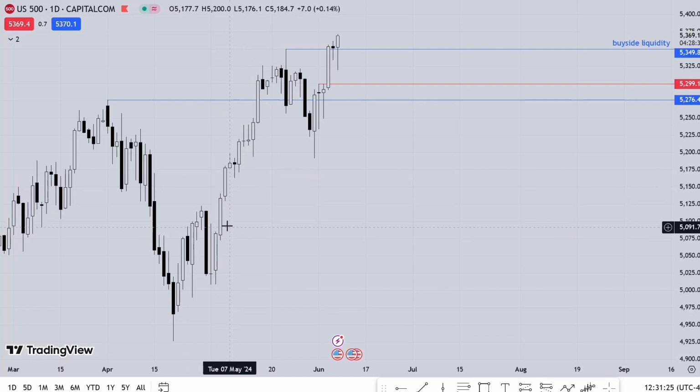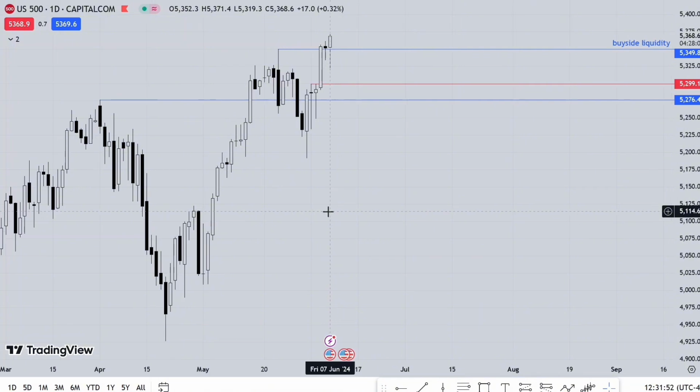Because on the daily we are bullish on the ES, we do not expect this to be filled. This is a breakaway gap. If we had price violate this low, price will now be interested in this inefficiency here and possibly these lows.